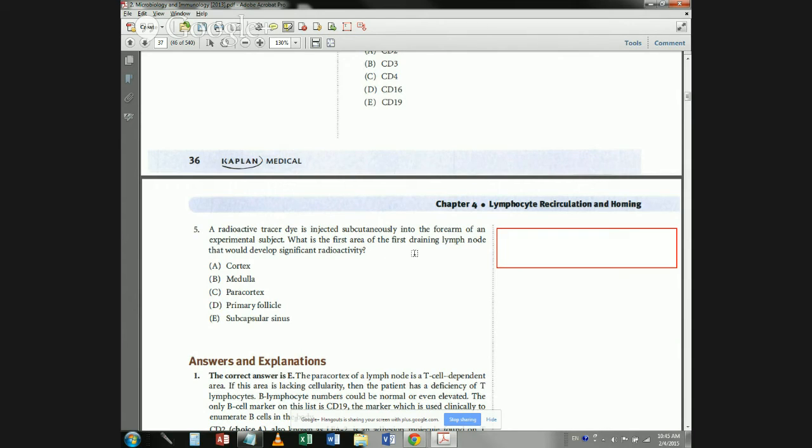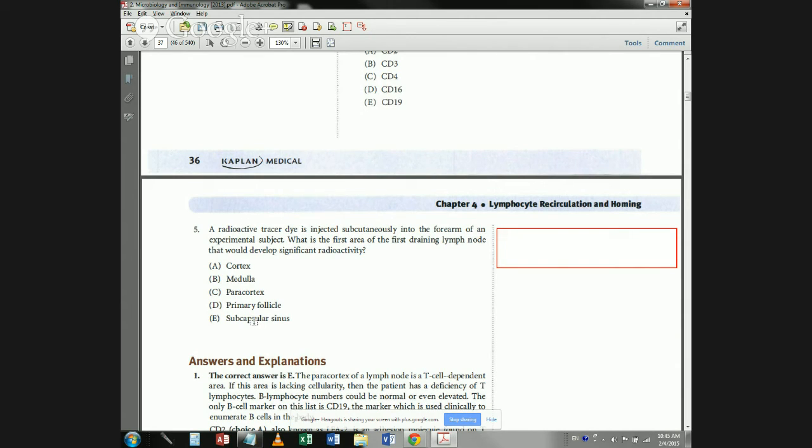First area, the first draining lymph node that would develop significant radioactivity. So this is lymph. So where is the lymph touching first? Well, it won't be all of cortex, but it definitely would be the subcapsular sinus, because the other one is the medullary sinus.